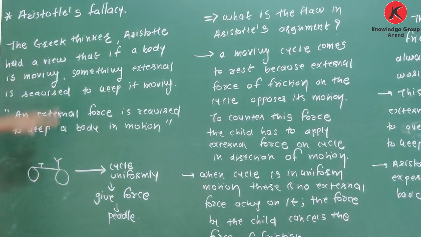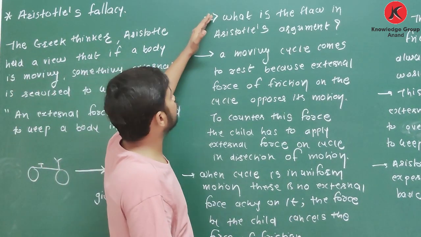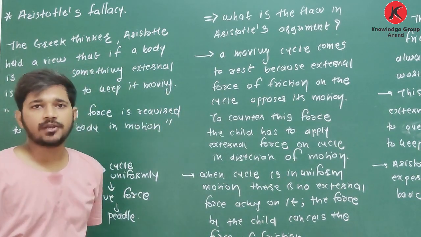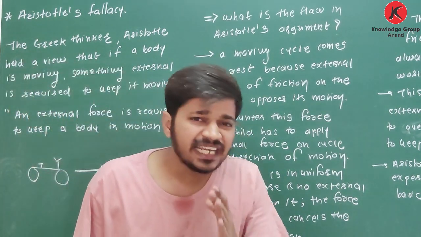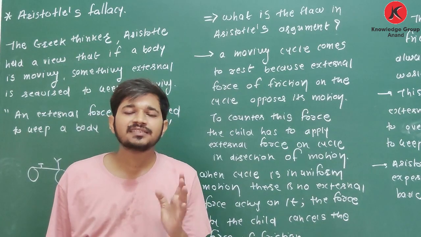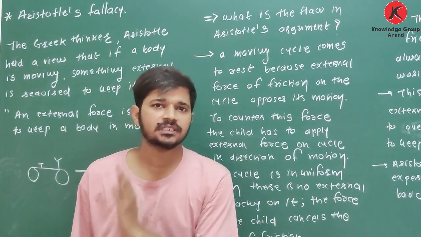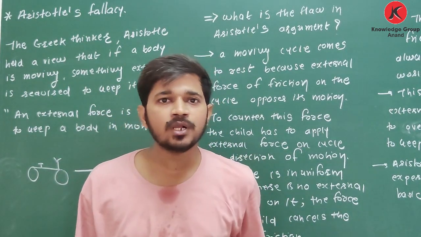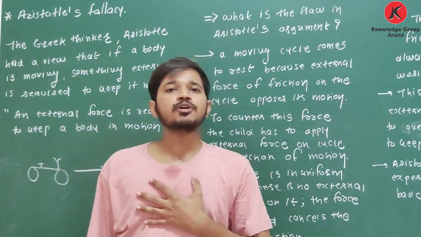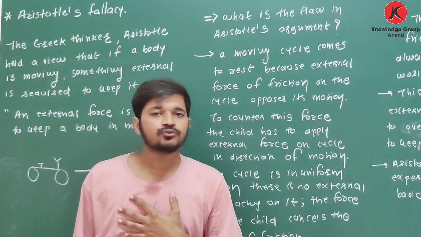Now what is wrong in this argument? See, what is the flaw in Aristotle's argument? Yes, in nature, we know that there are some opposing forces. For example, the one which opposes our motion is called friction force.